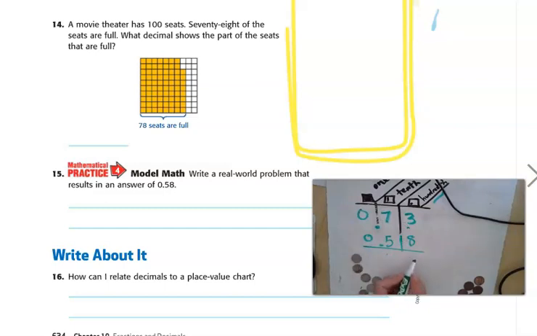Otherwise, I might end up with something like this and forget that this is a value of tenths and I need to move it over there. So that's how the place value chart comes in handy. It helps me to line up and separate each of my different numbers that go in the different value positions. Please put that in your own words.